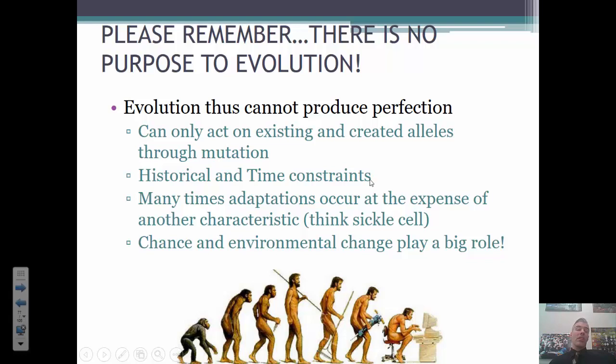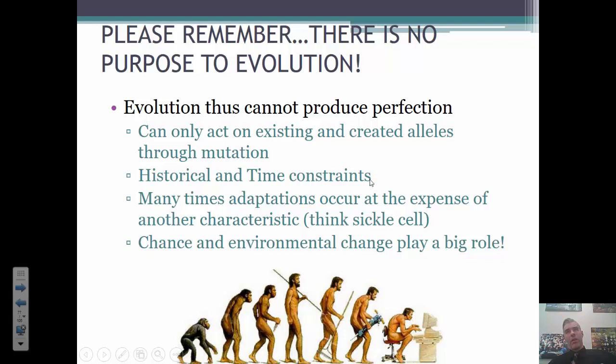Sometimes there's historical and time constraints to this, right? Like you have this one allele that looks like it's really good at surviving, and then for some reason a genetic drift occurs, destroys everyone with that allele, and then it's gone. It could come back again through random mutation, but the chance of that happening is somewhat slim. So just remember, there's no purpose to evolution.